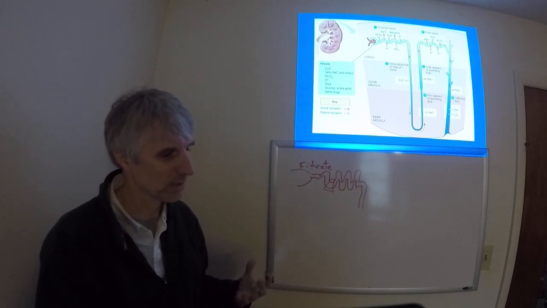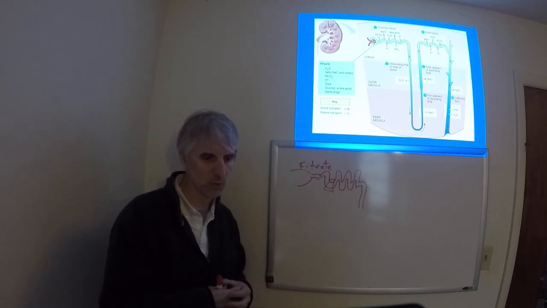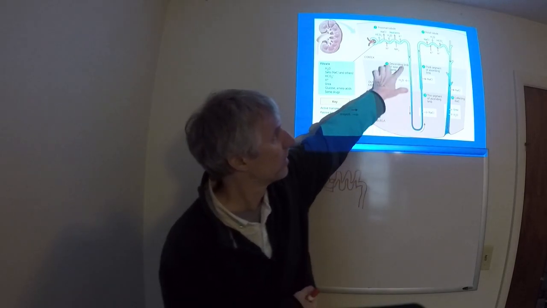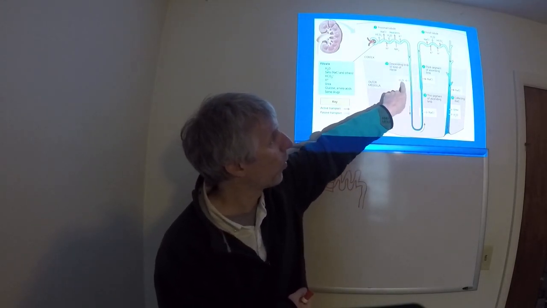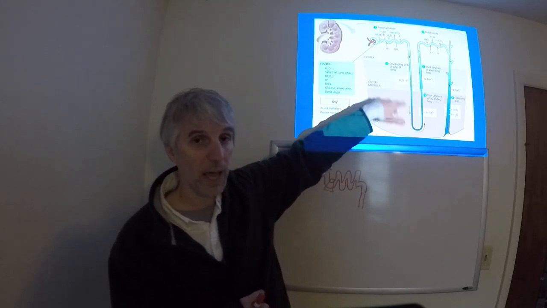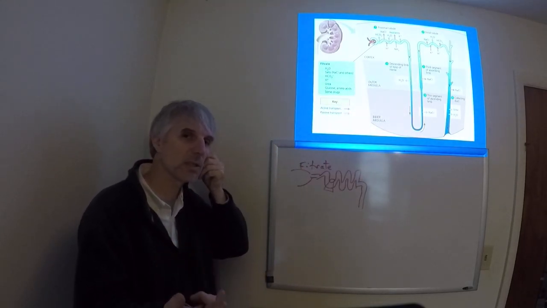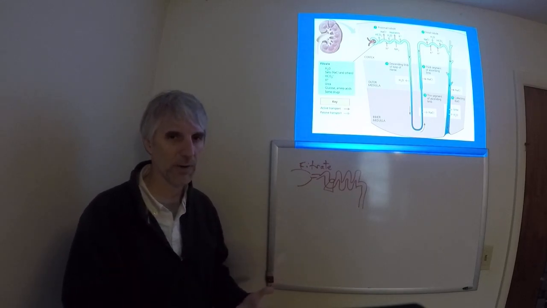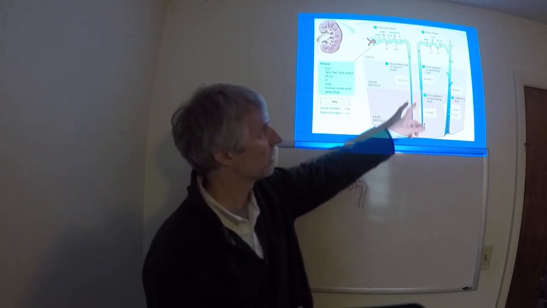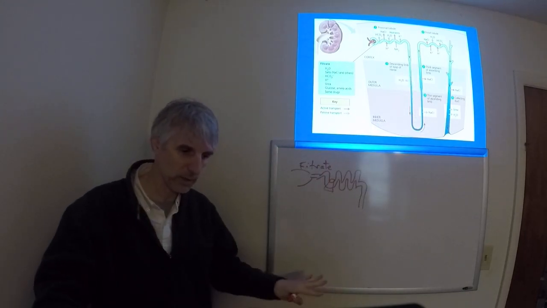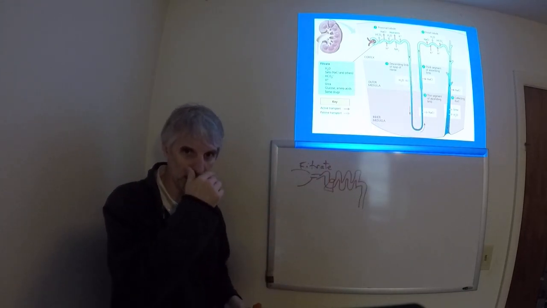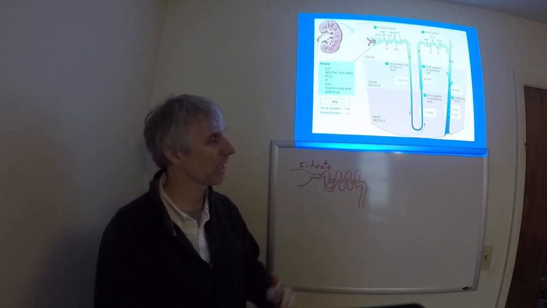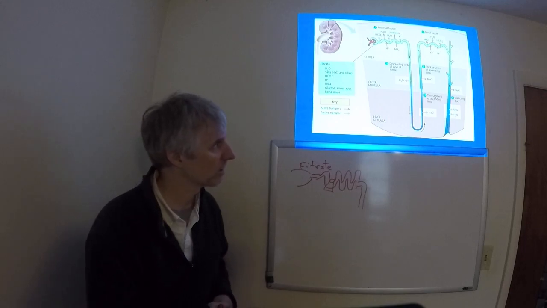So you could imagine the construction of this tubule in such a way that salts get trapped in the tubule, salts can't leave, but water is pulled out very easily because we facilitated the movement of this water through facilitated diffusion. We're not allowing the salts out. So in the descending loop, water can move, but salts can't. Water moves from a high concentration in the filtrate to a low concentration in the medulla.